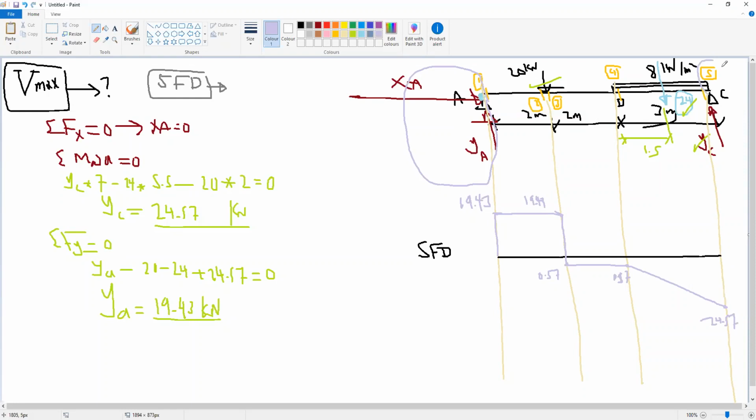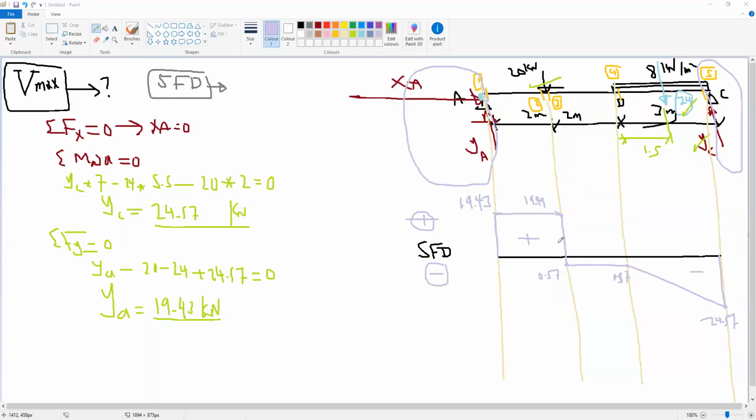And after cut 5, we will have the reaction YC, which is the same value here. So this value will reach us to 0 again. So we start from 0 and end at 0. The shear force here is positive and here is negative, because of the sign convention: above the datum is positive, below the datum is negative.